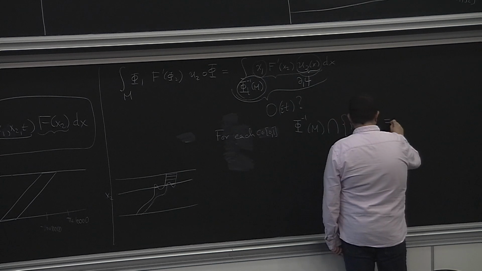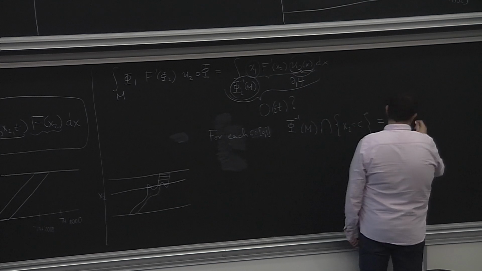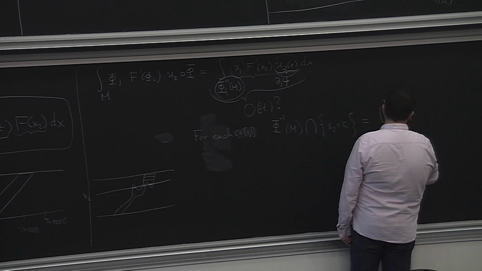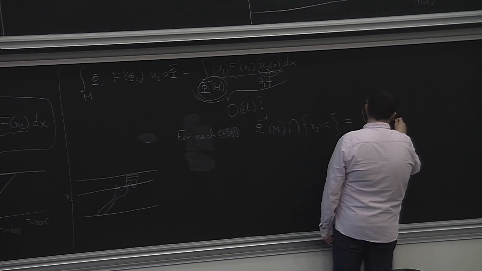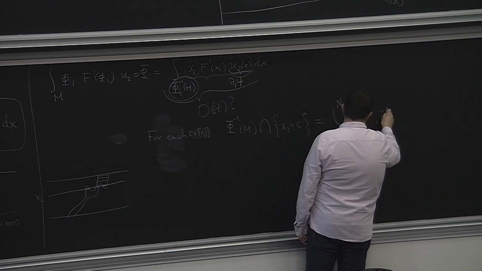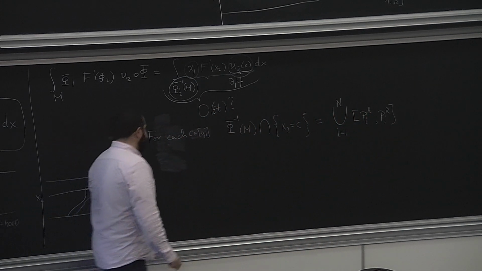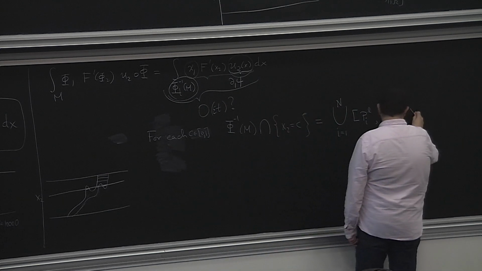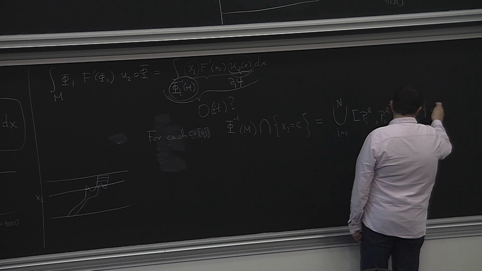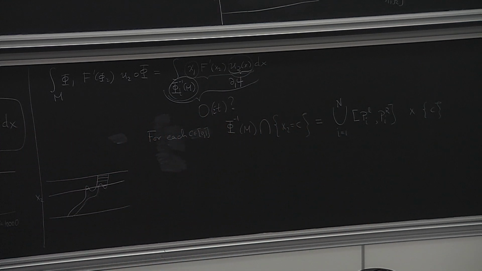It's just a union of intervals, the left, the right, okay, just a union of intervals crossed with c. Is that okay for everybody? It's a little bit delicate, so you have to pay attention.